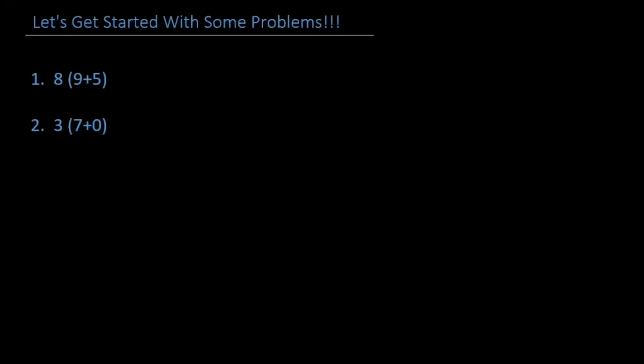So the first problem we have is 8 times the quantity 9 plus 5. In this lesson I'm going to be showing you how to distribute 8 to 9 and 5.